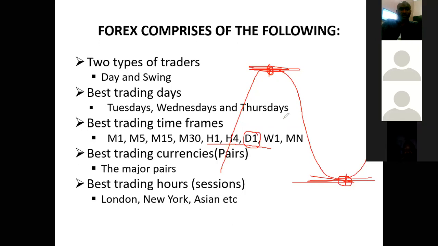If the daily time frame is telling you that the market is in a downtrend, never trade against that trend. All you need to do is go to the 4-hour time frame to look for bearish patterns. Bearish patterns are patterns that make you sell only, because the market is going down on the daily.